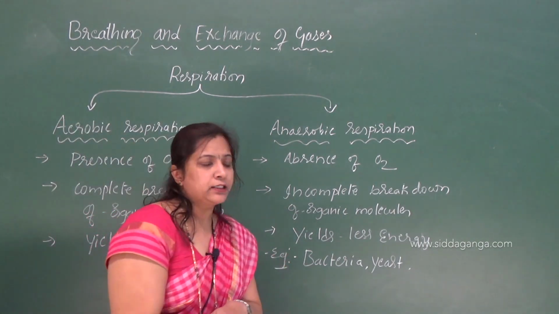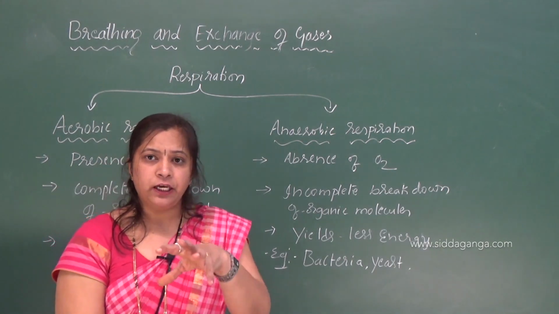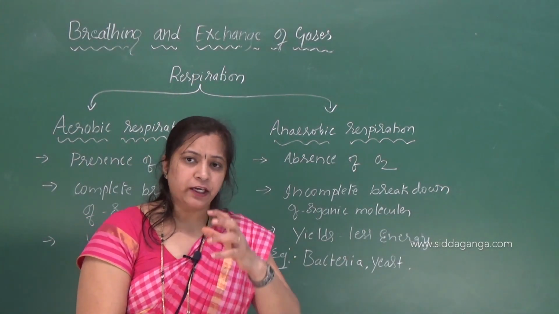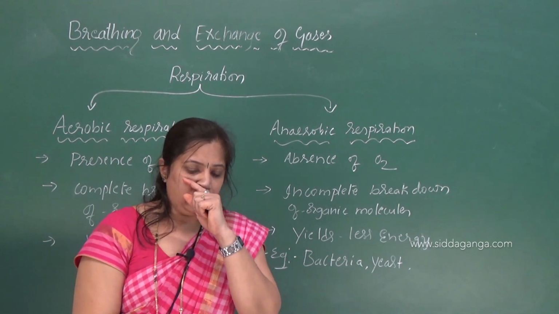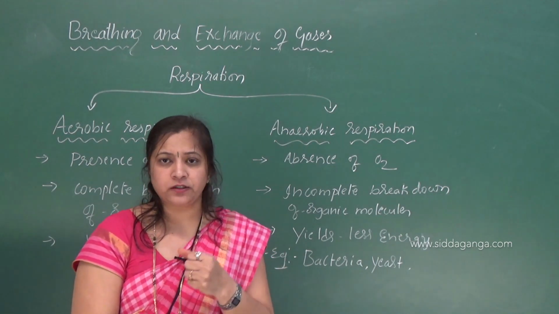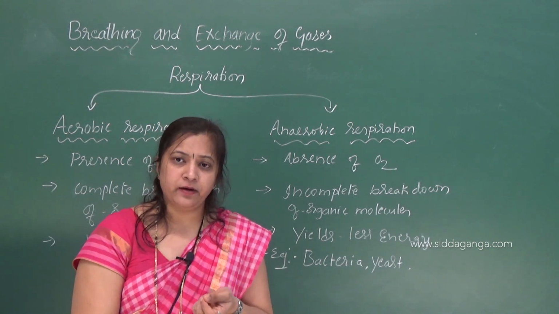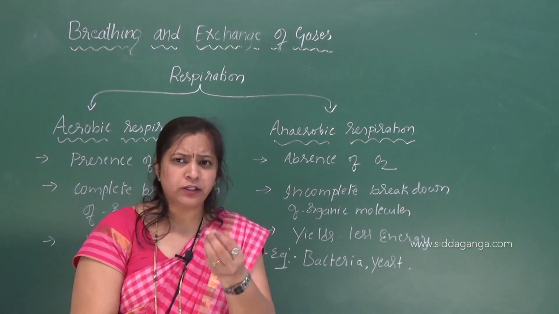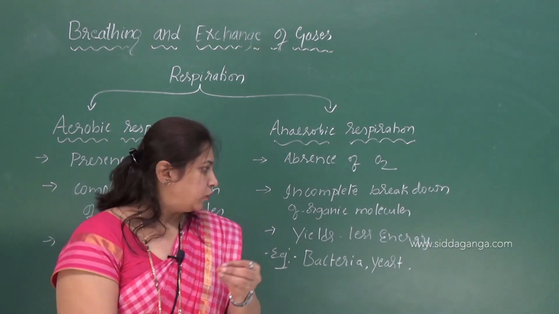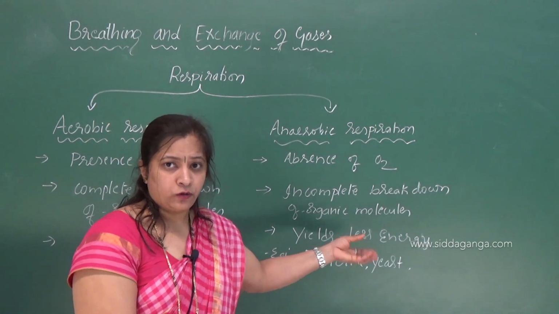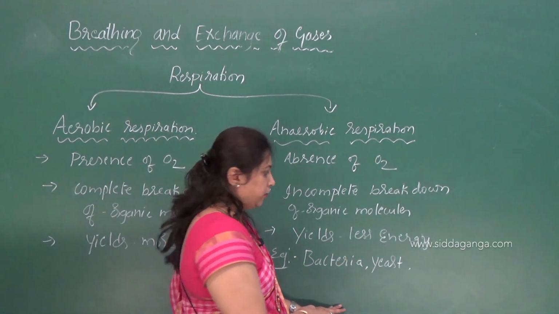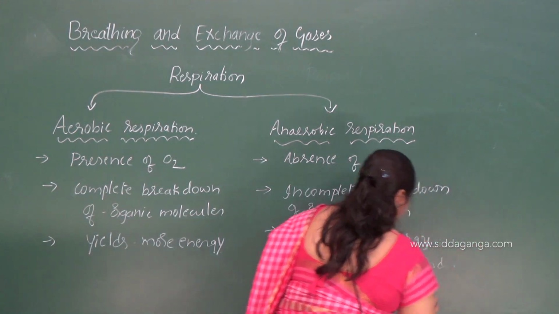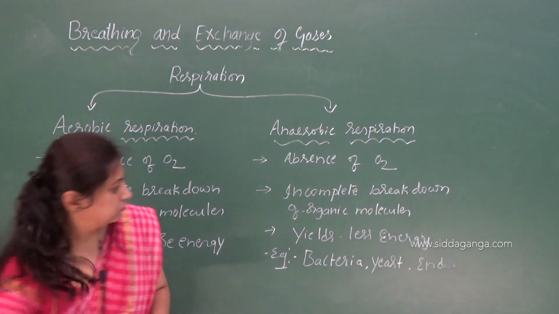So endoparasites means what? The parasites which live inside the body are called endoparasites. Examples are Ascaris lumbricoides that lives in the small intestine of man, tapeworm Taenia solium, and liver fluke. All these are endoparasites, and these endoparasites also respire anaerobically.